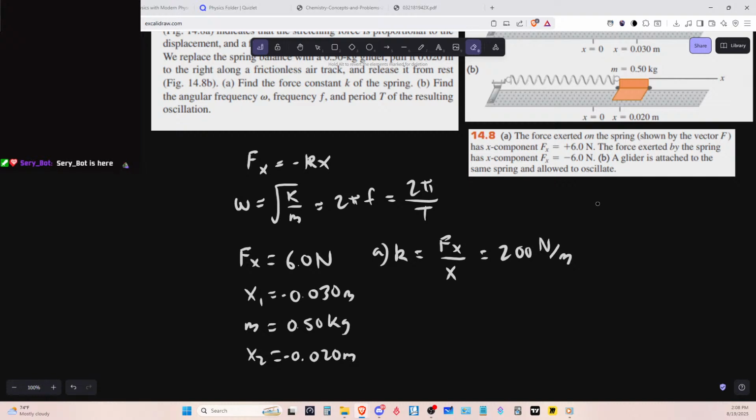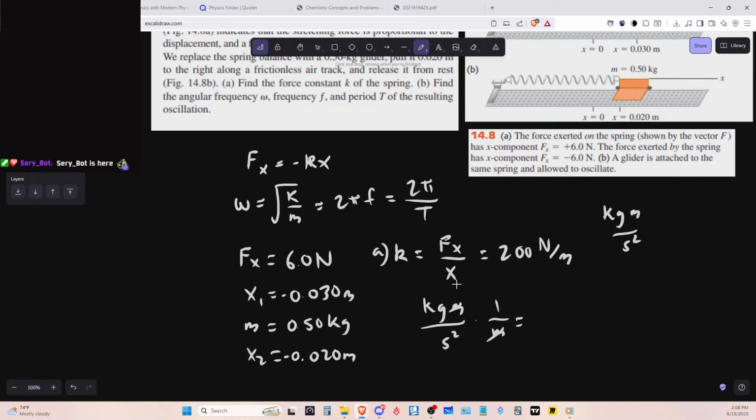But then again, we have to remember what a newton is. I think it's kilograms times meters, and that's acceleration, so meters per second squared. So if that's the case, then we're going to have newtons times meters.